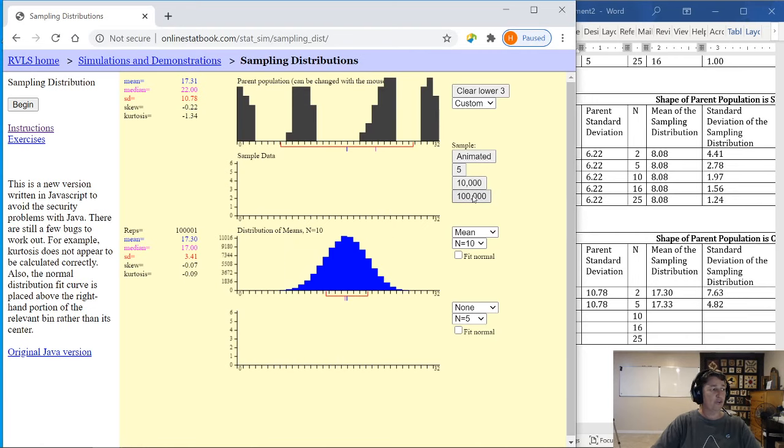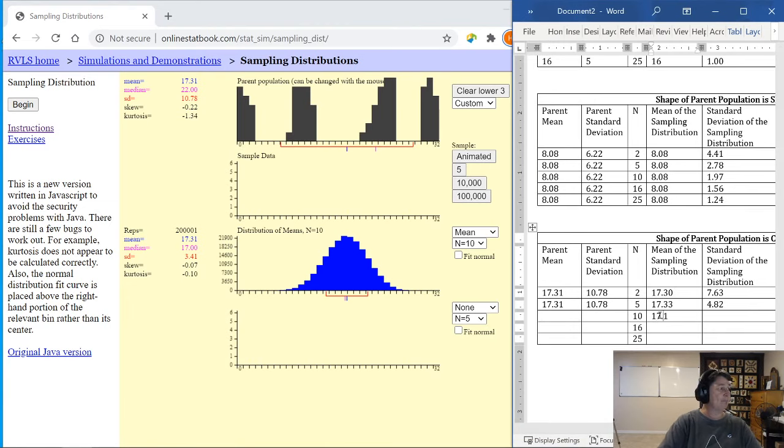We're going to do that over and over again to create a distribution. And notice that that distribution is looking more symmetric, and the standard deviation is even smaller, so my data is getting closer. Those sample means, this sampling distribution, has a smaller standard deviation.